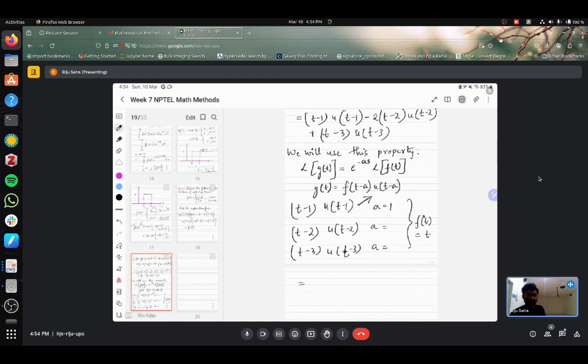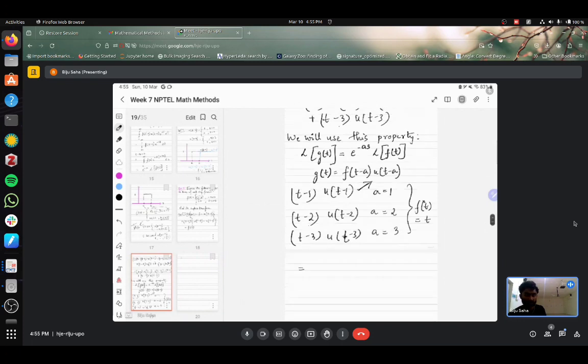What is the value of a for the second and third? It's very simple. Yeah, it's 2 and 3. That's as simple as that. You are just comparing with this. The values are 1, 2 and 3.